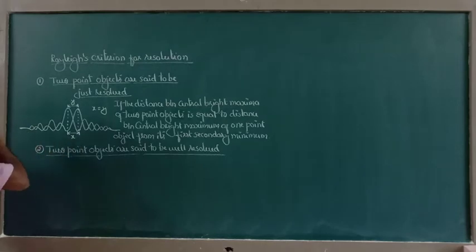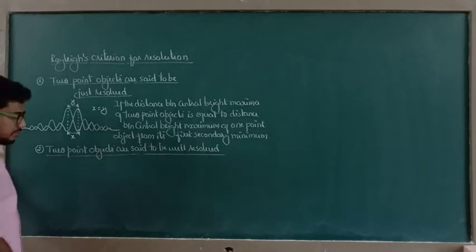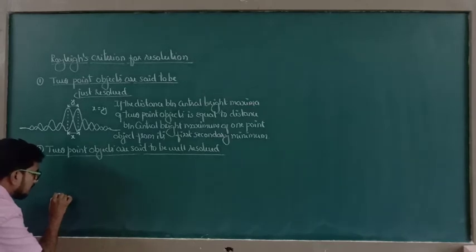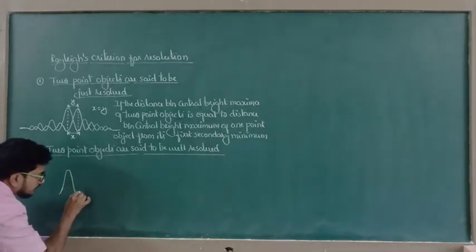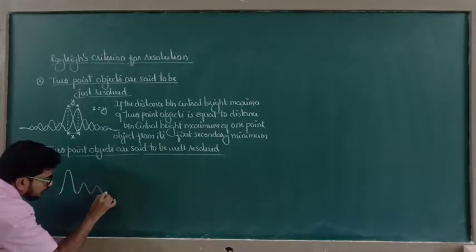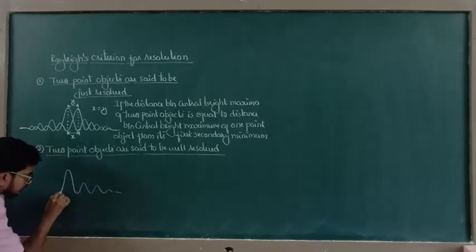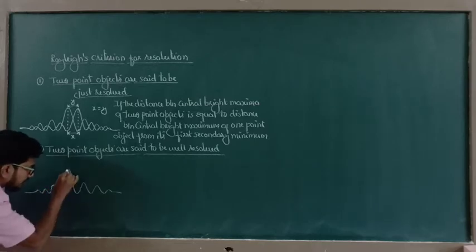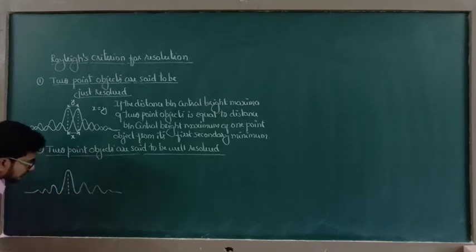Again, let us consider the diffraction pattern of two closely lying point objects. So this is the diffraction pattern of one point object. Central bright maximum of the point object.